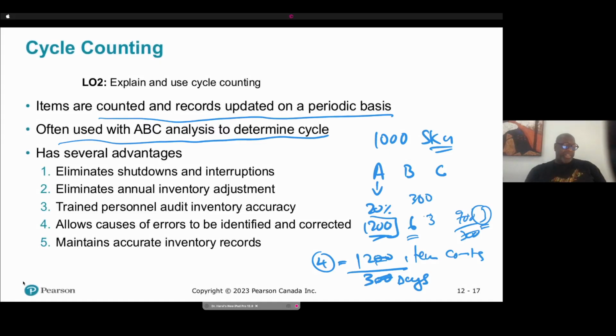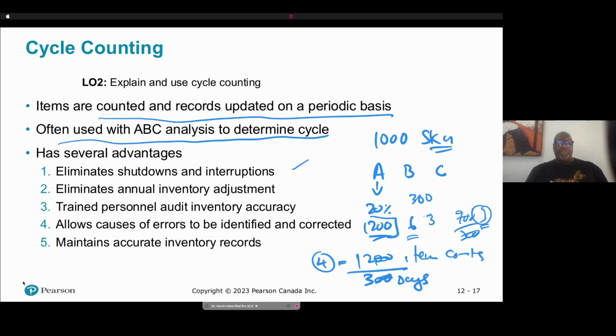So just some of the advantages of doing cycle counting: it eliminates the need for shutdowns and interruptions, and eliminates the annual inventory adjustment, because if you keep updating your inventory levels on a continuous basis, you don't have to say at the end of the year, oh, we need to shut down and count so that we can update our inventory records.